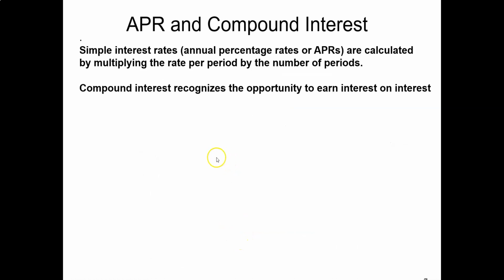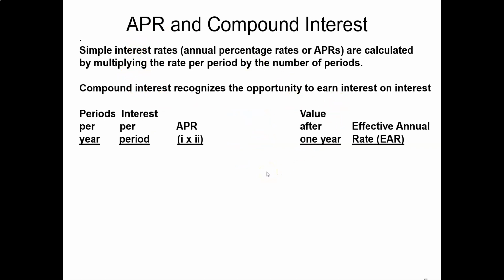This slide provides a sharp illustration of how annual percentage rate is lower than the effective annual rate. If the bank uses the annual percentage rate to do annual compounding calculation, then it's okay because the annual percentage rate will be equivalent to the effective annual rate.